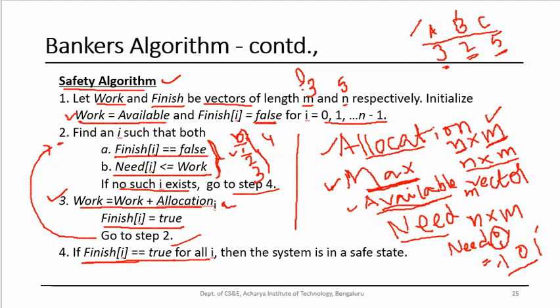After all this, we come to step 4. Here if we find that finish of 0 is true, 1 is true, 2 is true, and 3 is true, then the system is in a safe state. I think you have understood this. Don't worry if you have not, I will take an example and explain this once again.